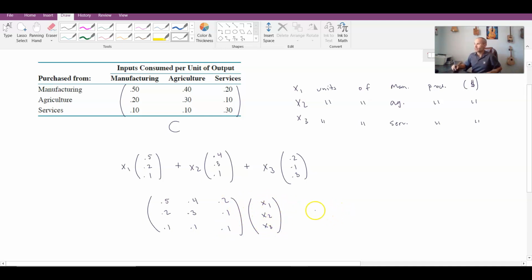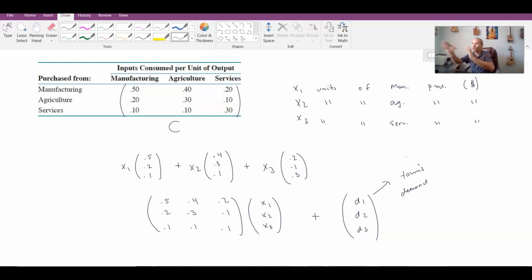And then we're saying that on top of that we're going to have some sort of demands. These are going to be the demands placed on each of those three sectors. So this could again be maybe our town's demand. We ultimately are producing to be able to serve a customer, but we also have to make sure that we're able to function as an interconnected set of industries.